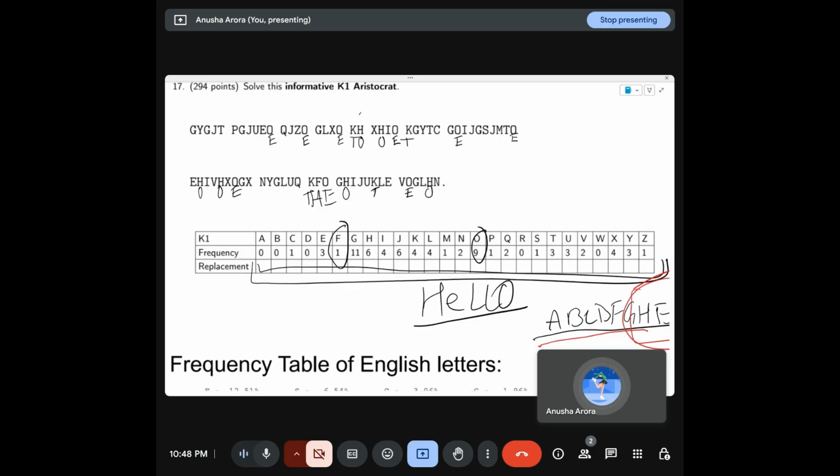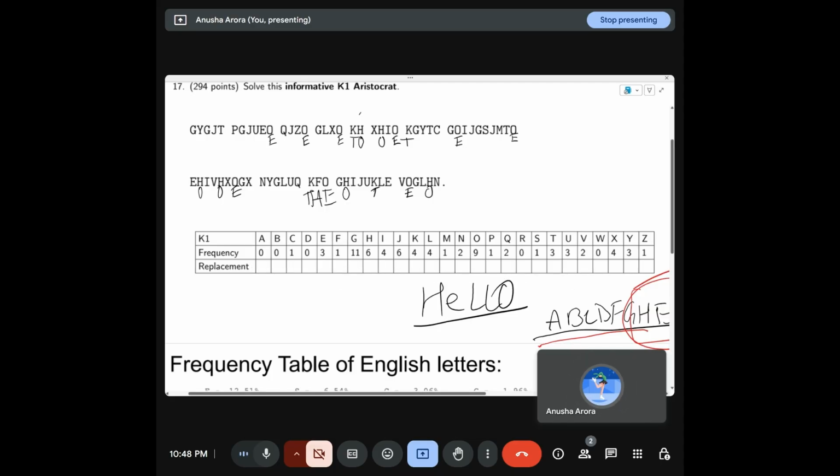Okay, so now next thing that you probably should do is fill in your replacement key because you want to see if you can figure out your keyword right now. So if I look at my replacement key, I see O is equal to E, T is equal to K, and we have F is equal to H. So I'm going to make an intuitive guess and guess that the keyword is somewhere around here.